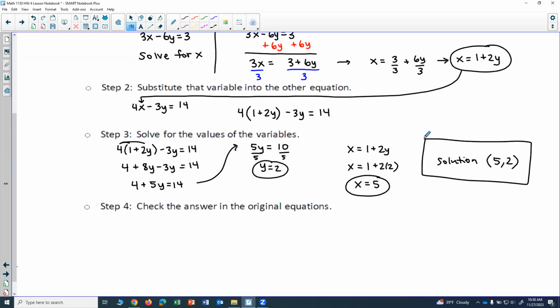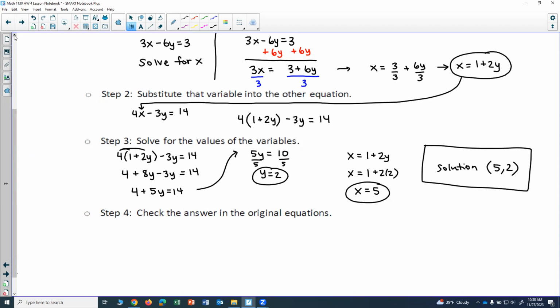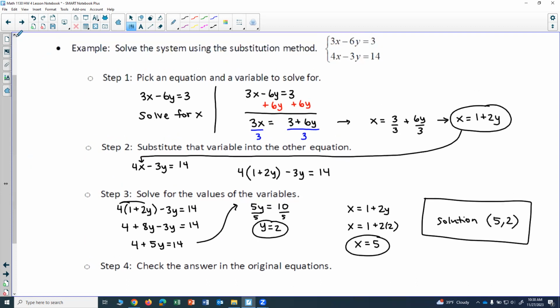And now I want to check it. So remember, to check, we plug a point into our original equations. So I have 3x minus 6y equals 3. Let me write that down here. 3x minus 6y equals 3. And I have 4x minus 3y equals 14.